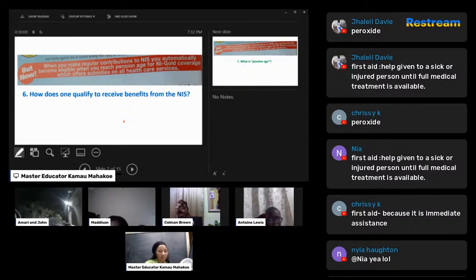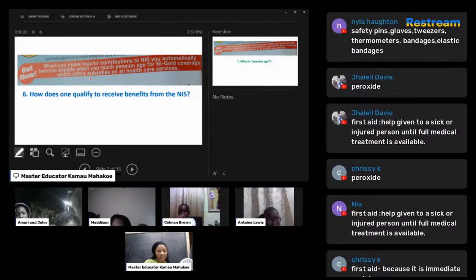When you make regular contributions to NIS, you automatically become eligible when you reach pension age for NI Gold coverage, which offers subsidies on all healthcare services.